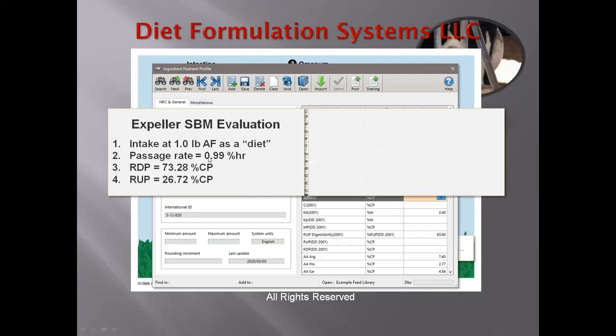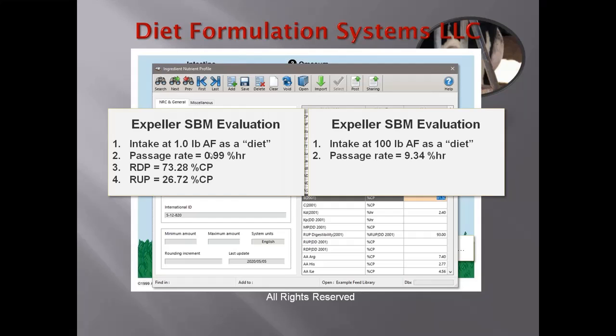So let's take a look at this same feed, but at 100 pounds of intake, again as a diet. The model generates a passage rate of over 9% per hour. So this passage rate is a little over 9 times what this is. Look what happens to RDP and RUP when we have an intake of 100 pounds as fed versus 1 pound.